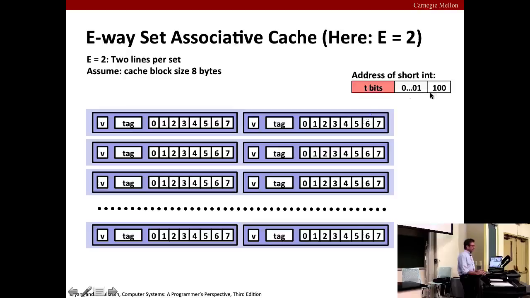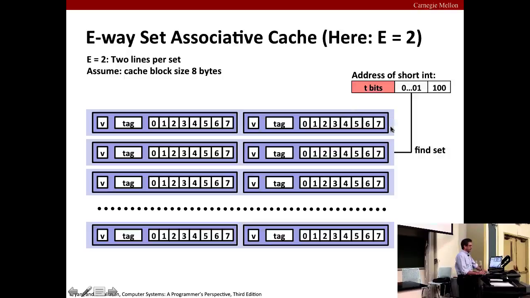And suppose we're presented with an address with the following form. We're looking for a word that begins at an offset of 4 inside our block, within set number 1. Okay, so the cache extracts that set index. So this is set 0.